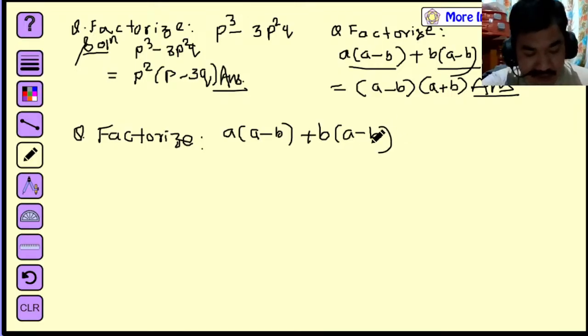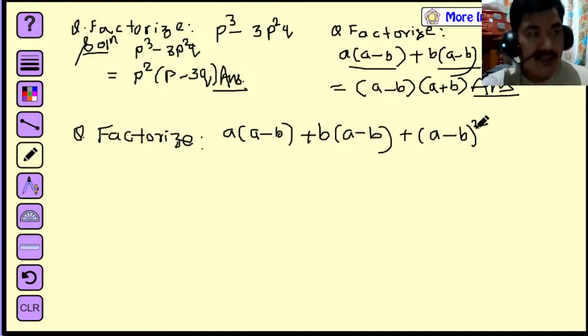Suppose there is a next term also, a minus b whole square. A minus b whole square means a minus b two times, we know clearly. In this condition, how to solve this question, look here, I want to show you.